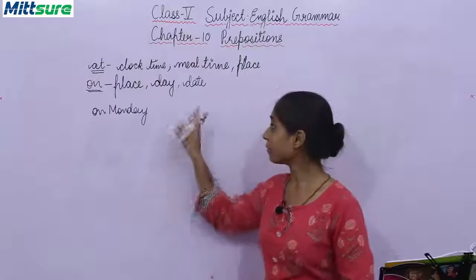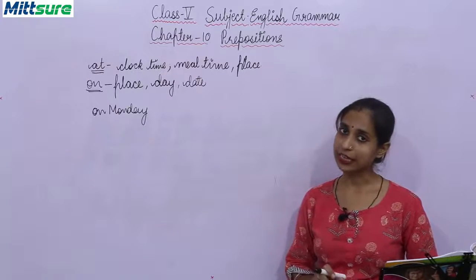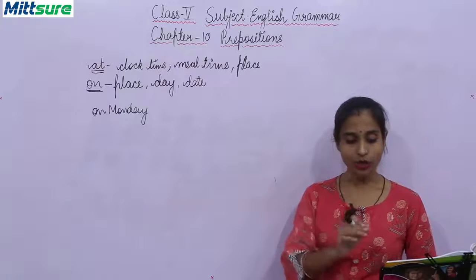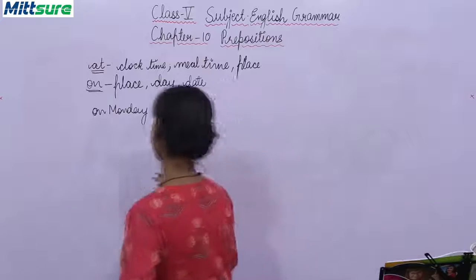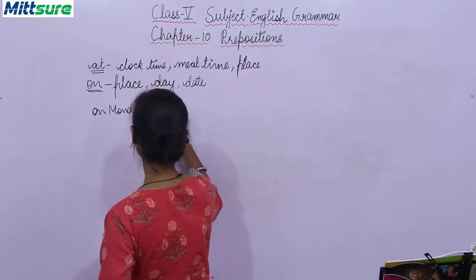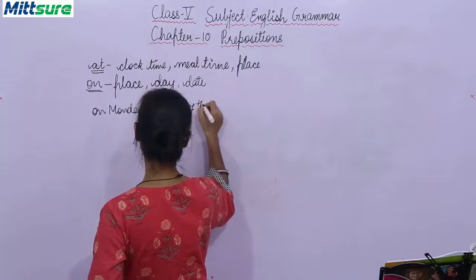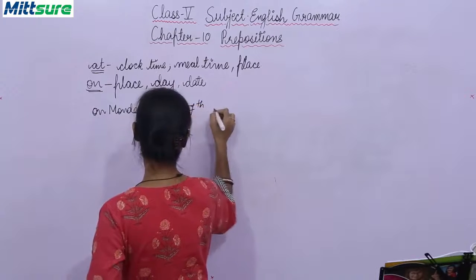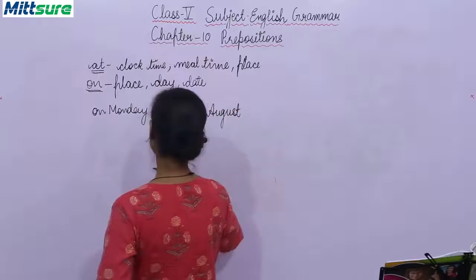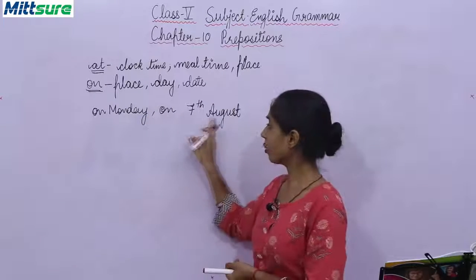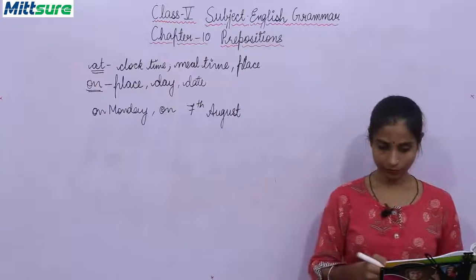No. In front of dates also, you are going to write "on". On the 14th February, on the 26th January, like this. On 7th August, like this.